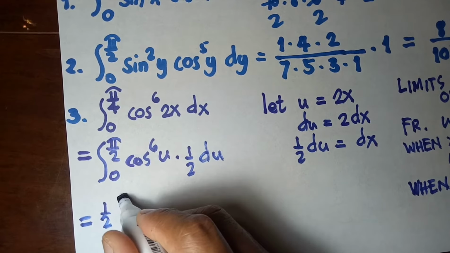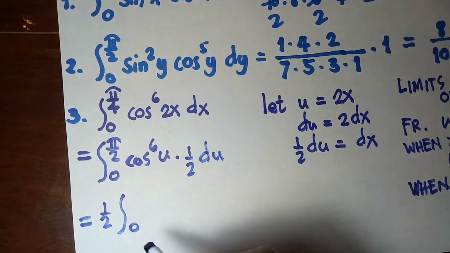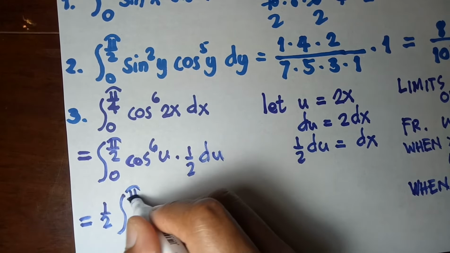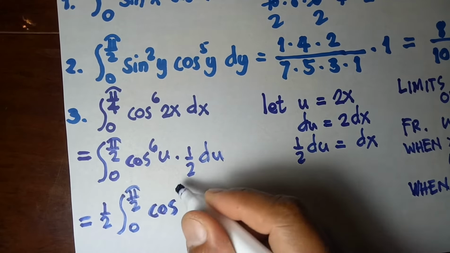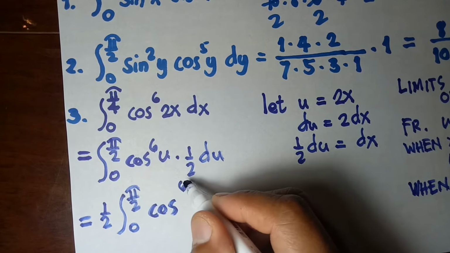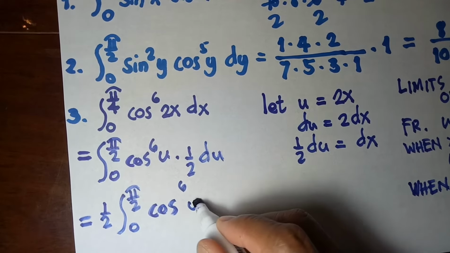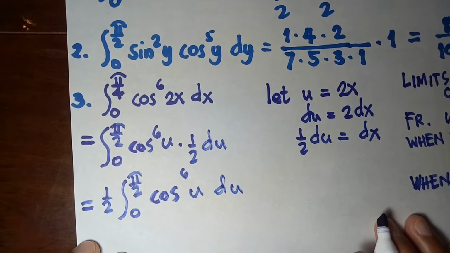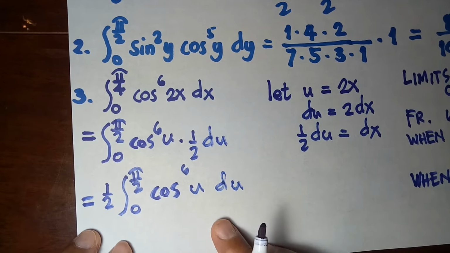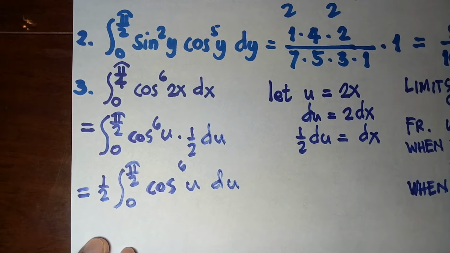So 1/2 integral from 0 to pi over 2 of cosine raised to 6 of u du. So, pwede na natin ngayong i-apply yung Wallis formula.